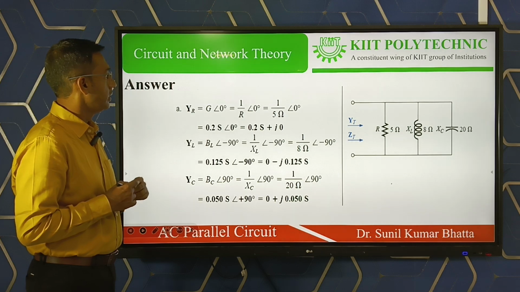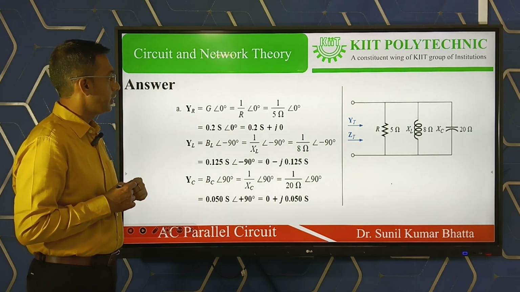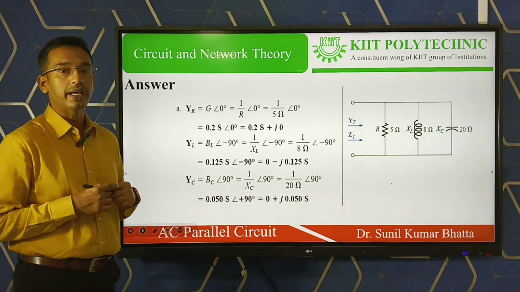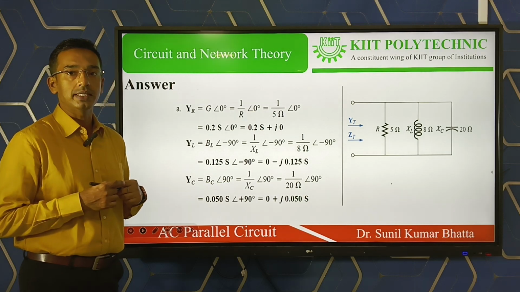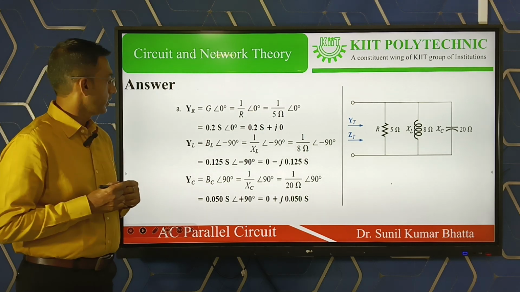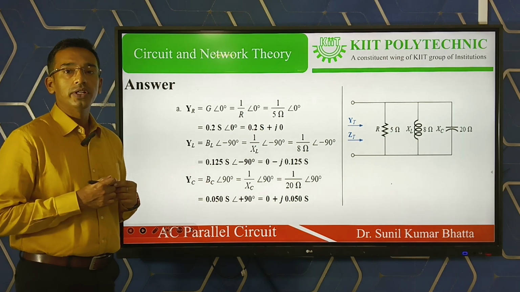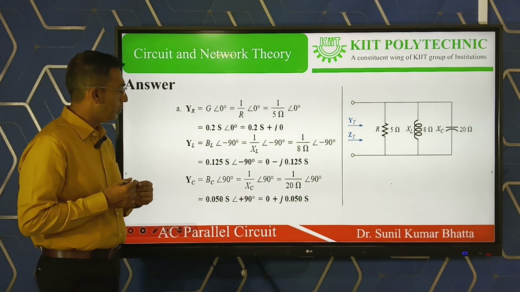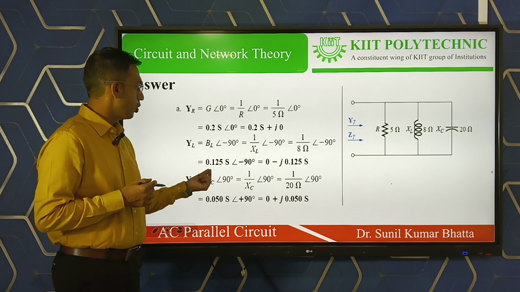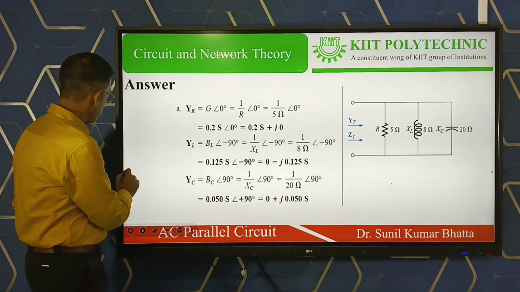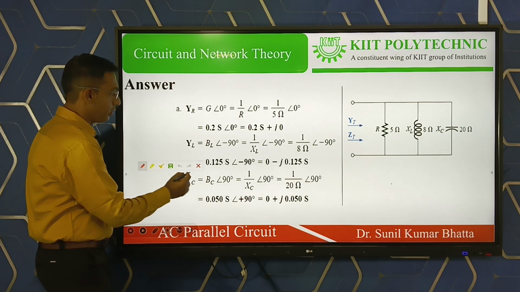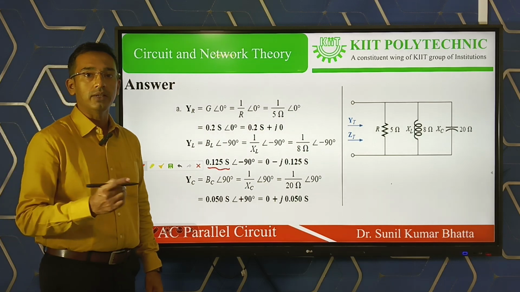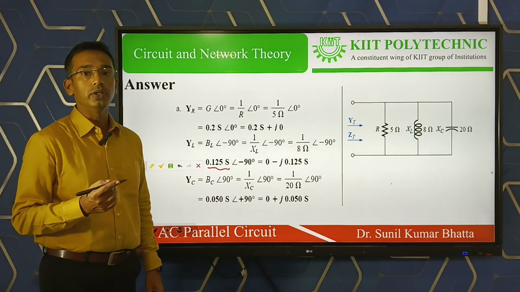Now you see, the first, YR, the admittance for the resistance branch, comes to 0.2 S plus J0. The admittance magnitude is 0.2 Siemens, or you can write mho also. Then YL, the admittance for the inductive reactance branch, has a polar magnitude of 0.125 S. S stands for Siemens, or mho. If anyone asks what is the magnitude of admittance, it is 0.125 Siemens.